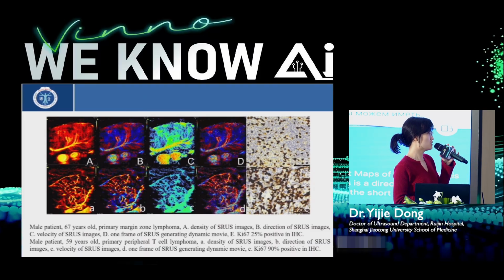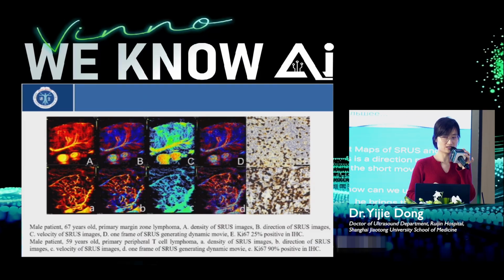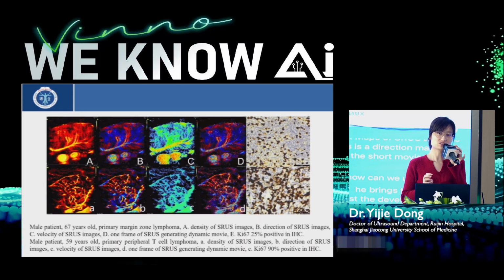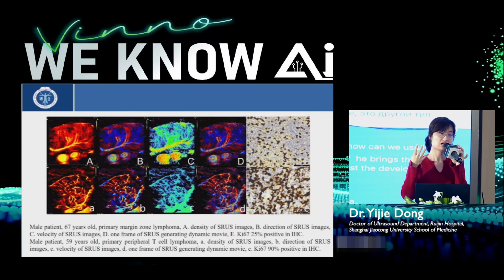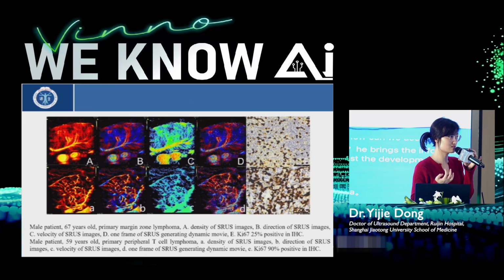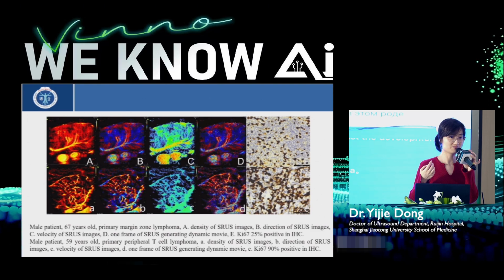So we try to do something more in some research work because, as we all know, conventional ultrasound is unable to differentiate different types of lymphoma, because we have Hodgkin lymphoma and non-Hodgkin lymphoma. In non-Hodgkin lymphoma, we have more than 100 subtypes of histology.